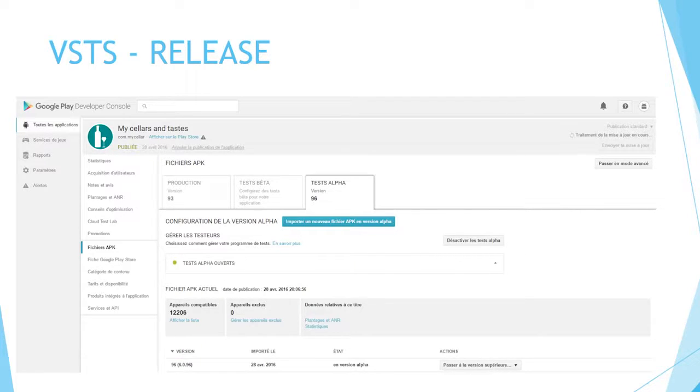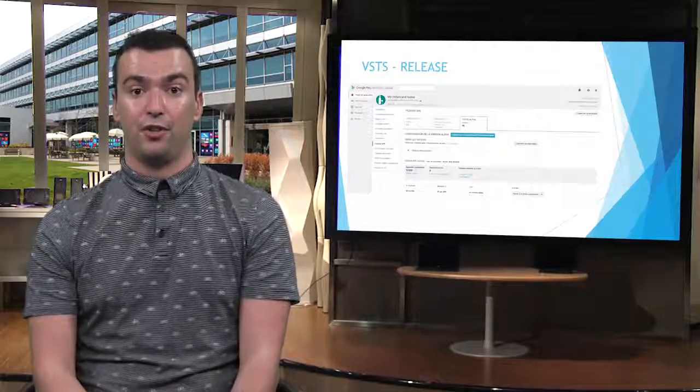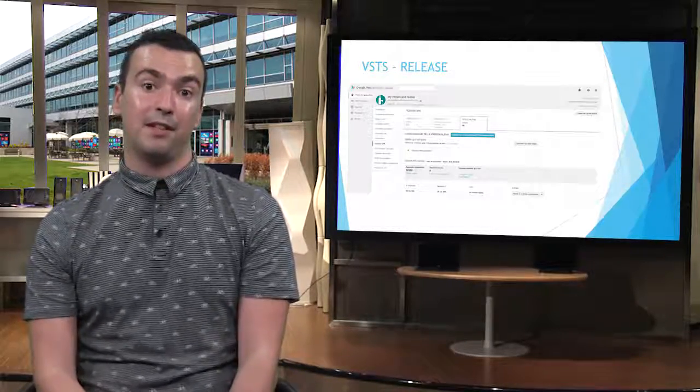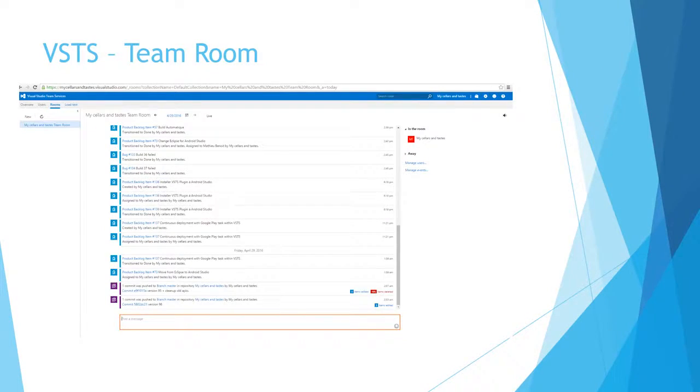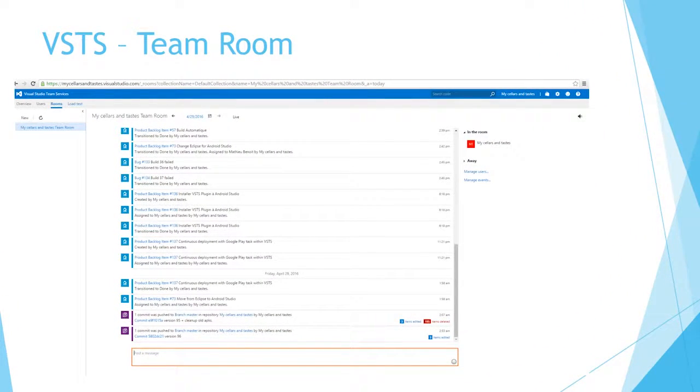With an API provided in the VSTS task, I can deploy automatically in alpha and beta versions for my beta users. Another tool that I use is also the team room. Team room is very interesting to share and communicate with different people of the team.